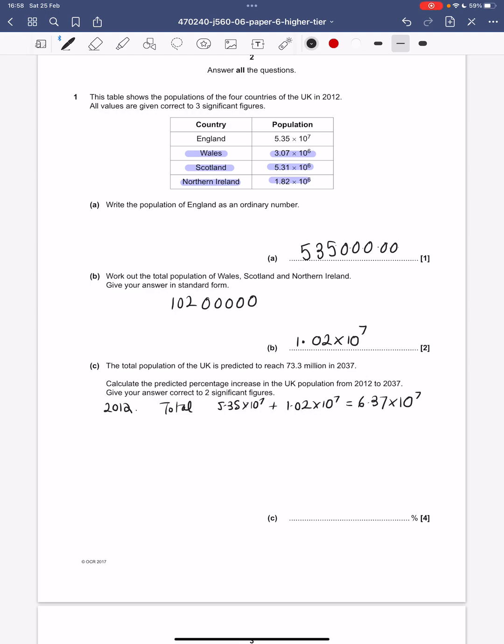Okay, so the predicted value is going to be 73.3 million. So that's going to be 73 and then 3 with 5 noughts, which is actually 7.33 times 10 to the power 7.